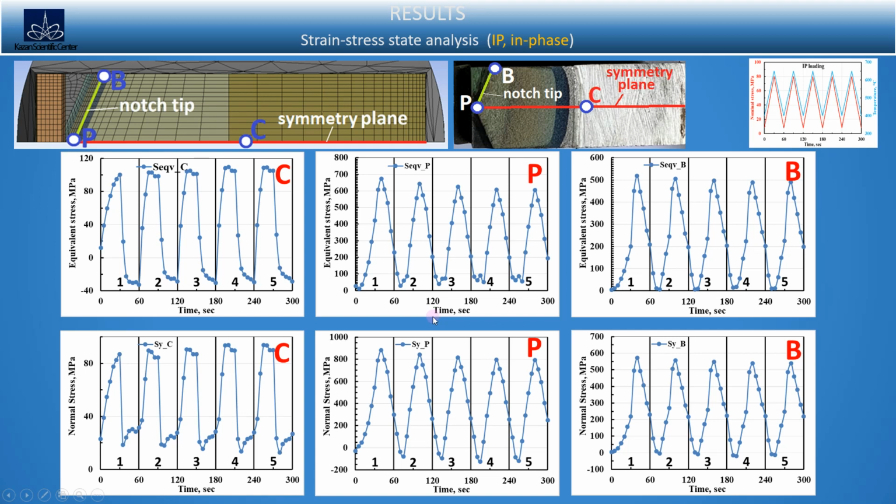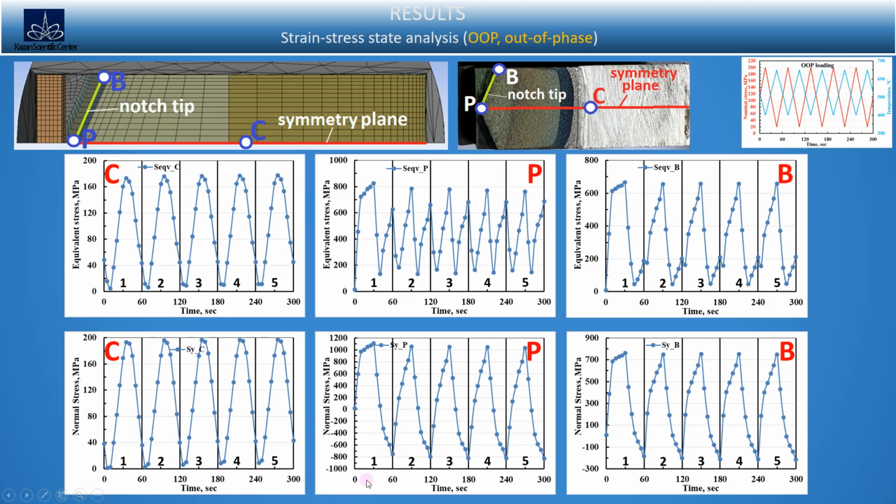Under in-phase loading conditions, the calculation gives an R ratio of -0.1 at point P. For out-of-phase stress change during 5 cycles, an R ratio of -1 is also shown at point P.